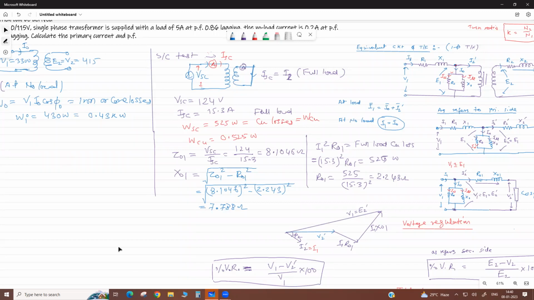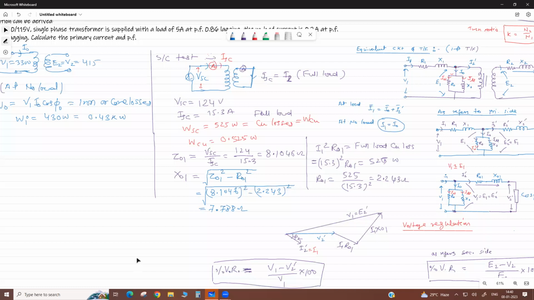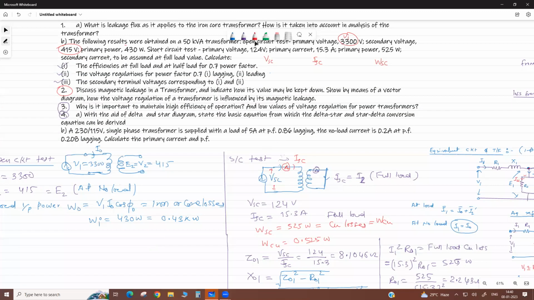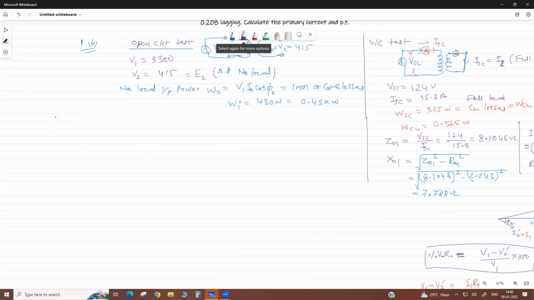Now we come to the question part. What do they ask? Efficiency at full load and half load. For this, first you calculate the kilowatt output of the transformer, at full load and at half load.